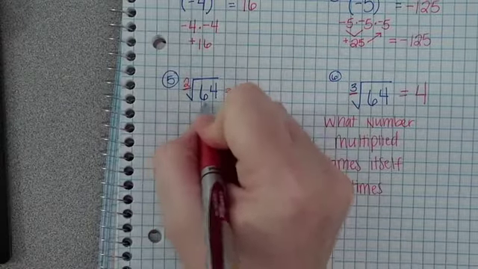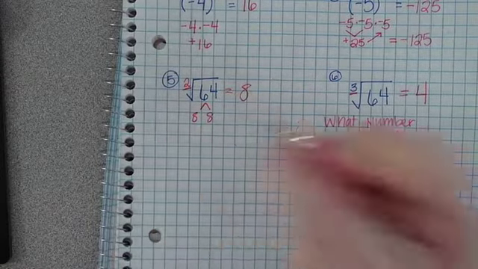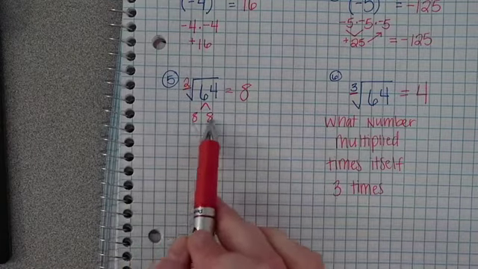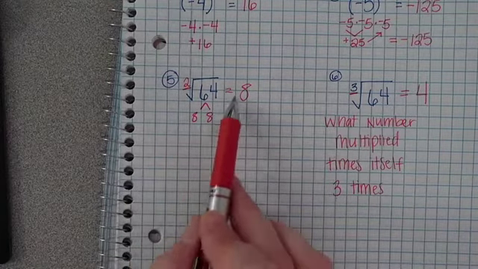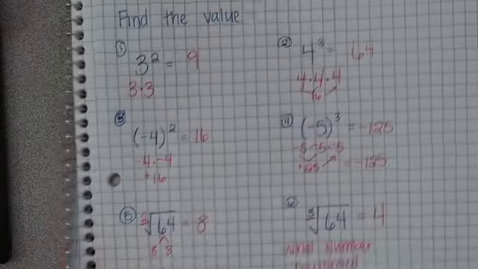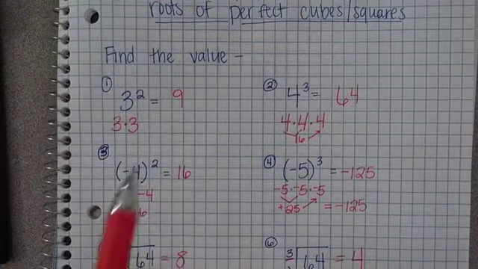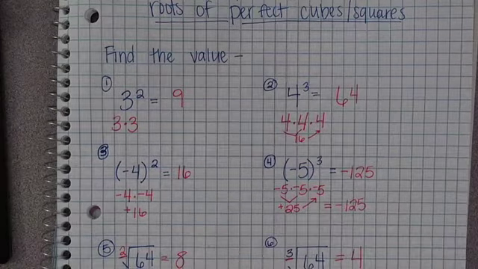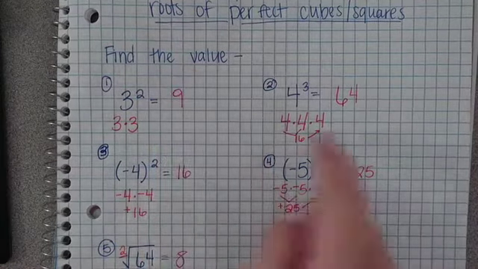We know 8 times 8 gives us 64. So the number that was multiplied times itself was 8. Again, use the calculator or the chart that you already have in your notebook to find these values.